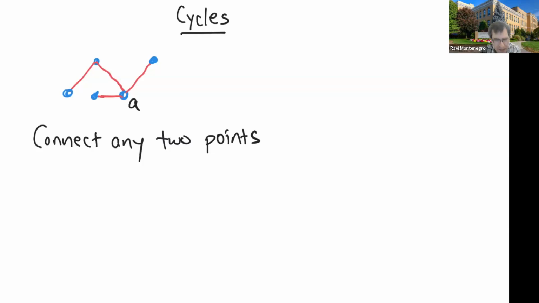However, if I add an edge anywhere in this graph, for example, across there, then it will create a cycle. Or maybe I try down below. Well, that creates a cycle too. And so this shows us that when you add even one edge to a tree, you get a cycle.